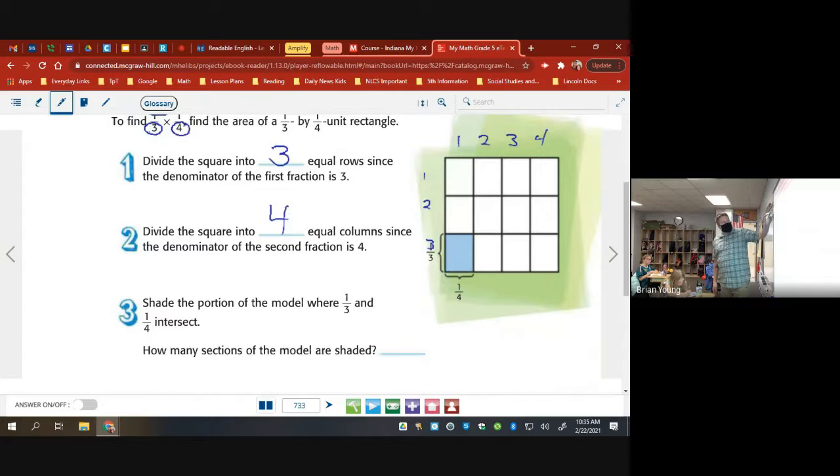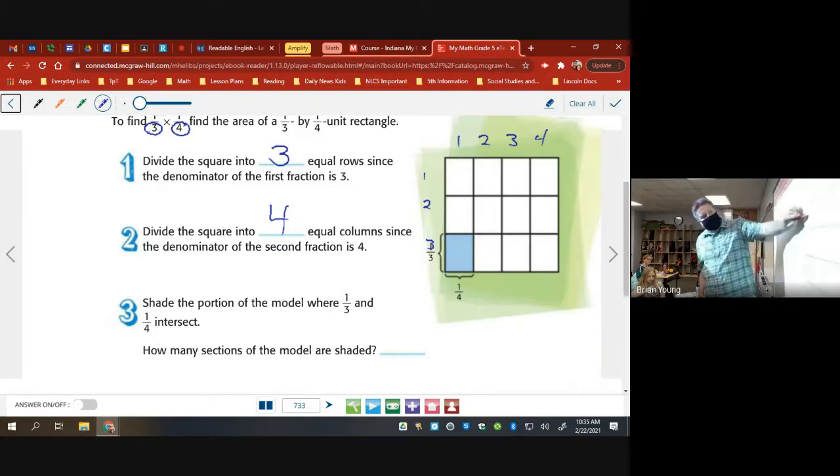Now, shade the portion of the model where 1/3 and 1/4 intersect. So again, this is 1/3, right? 2/3, 3/3. So we're going to shade in 1/3, which we did here. That's 1/3, right? We shade in 1 out of these 3. How many sections of the model are shaded?